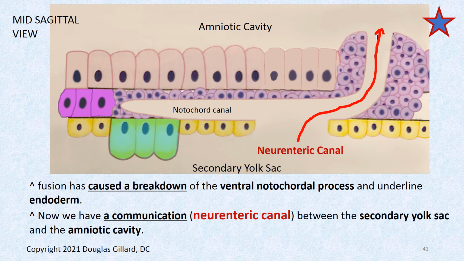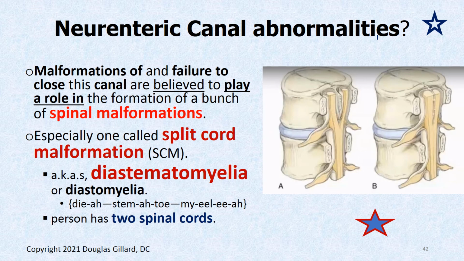Okay, so neuroenteric canal. So why in the world, who cares about this? Why am I even talking about this? Because there is a condition called diastematomyelia. That's a tough one. Diastematomyelia, where you have what's called a split spinal cord, and malformations with regard to closing this canal.